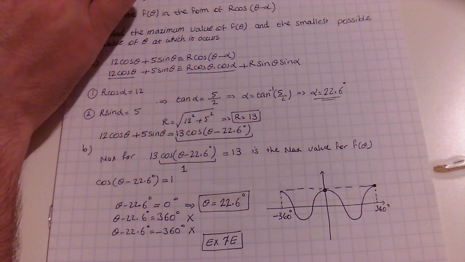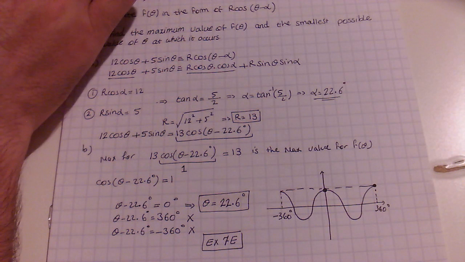Another one when it is equal to 360 degrees, when theta minus 22.6 is 360 degrees. And finally, minus 360: theta minus 22.6 degrees is minus 360 degrees.